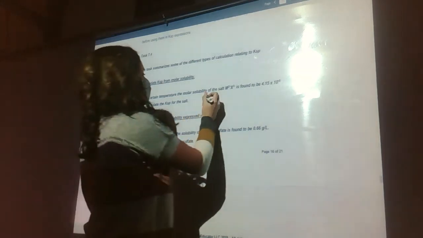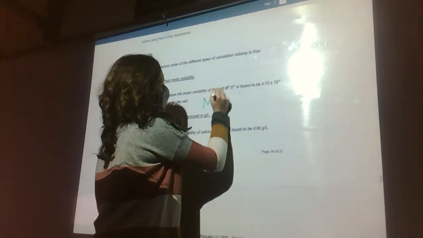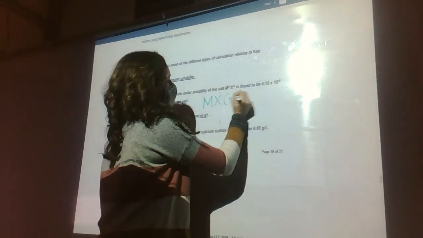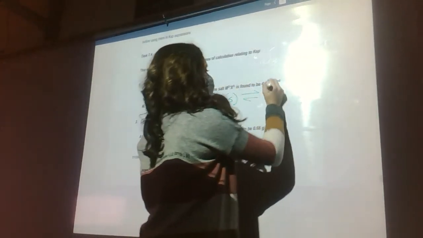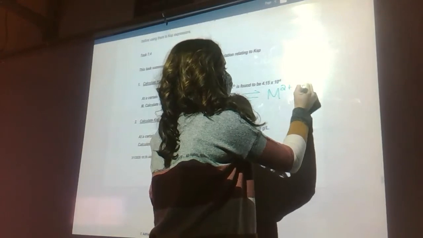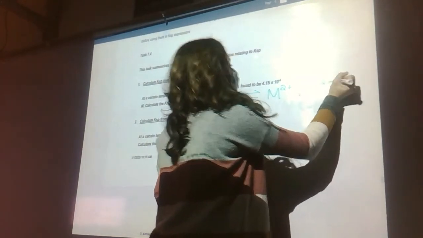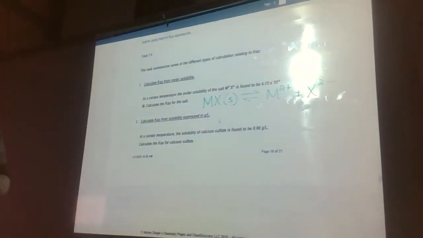So what it is, it's MX dissolves into M2 plus and X2 minus. And the molar solubility tells us that 4.15 times 10 to the negative 6 moles of that stuff dissolve per liter of water. That's what molar solubility means.